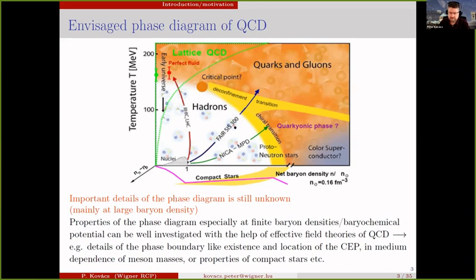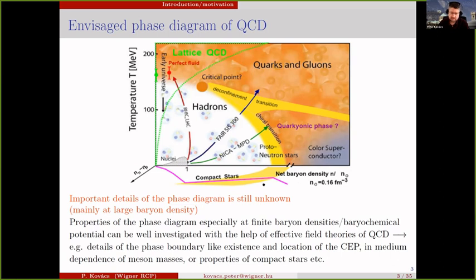All the rest we have only some indications about, but it is still unknown whether we have a critical point, what kind of phases are there, etc. There will be future experiments which aim to explore different parts of it. And of course, the very good thing is that we have compact stars, and with compact stars we can explore the zero temperature, large density region.